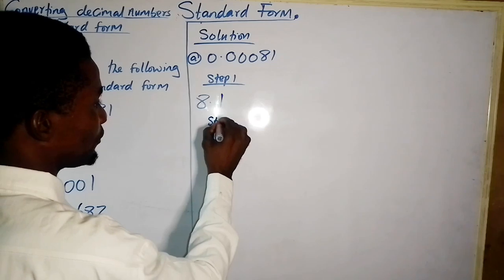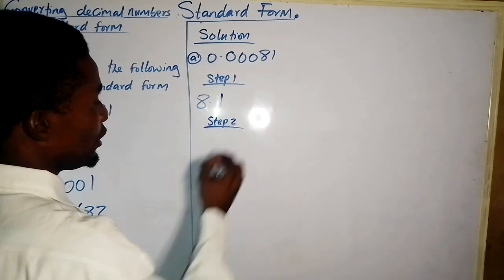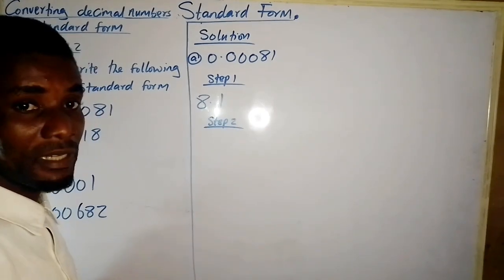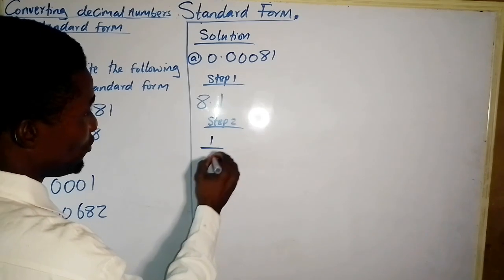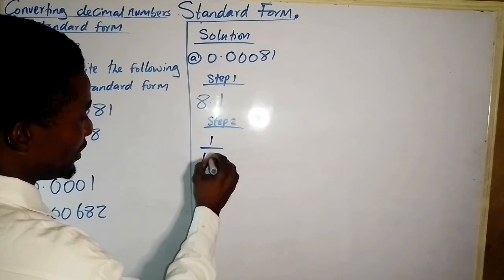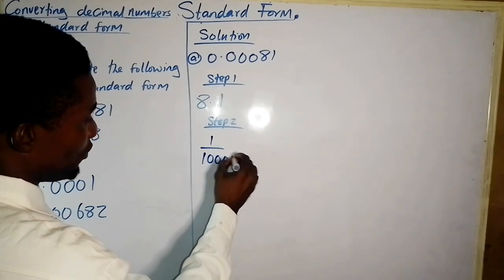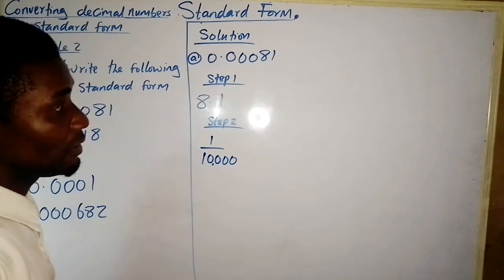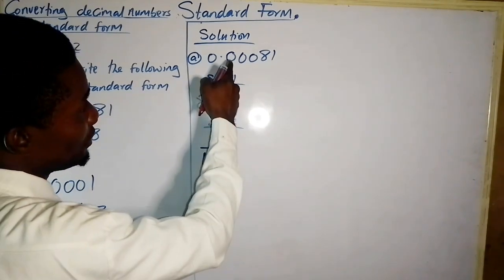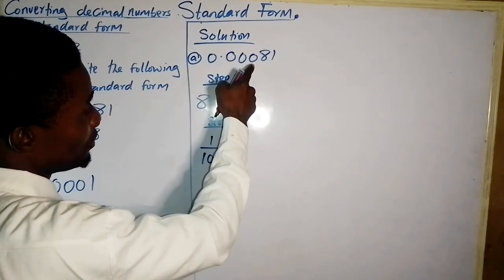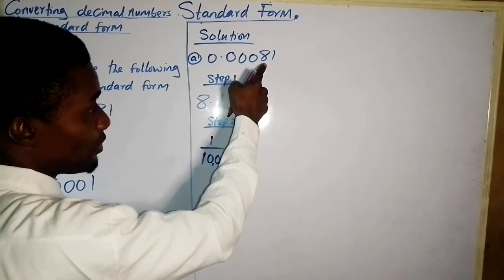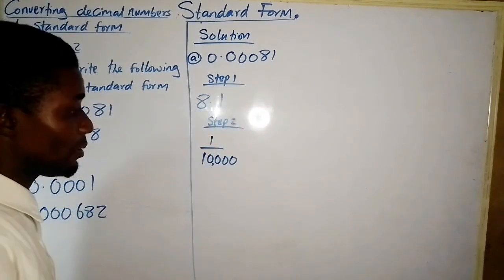Our step 2 is to write the power of 10 as an exponent. That is, we have 1 over 1, 2, 3, 4, 1 over 10,000. This is where we have our decimal point here.